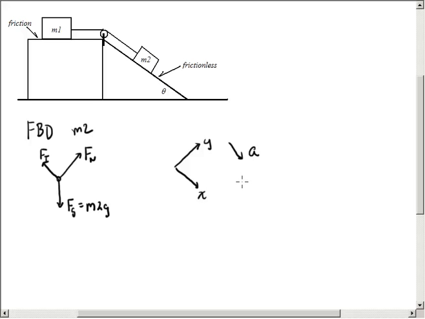Now, what I want to do is write down Newton's second law in component form for mass 2. Pause the video, write down Newton's second law in component form, and then resume the video when you're done.